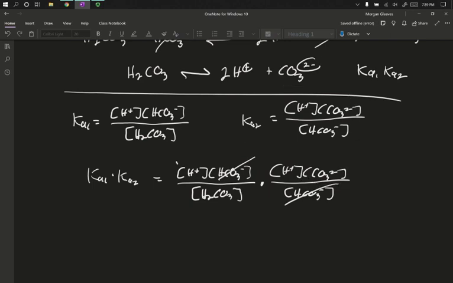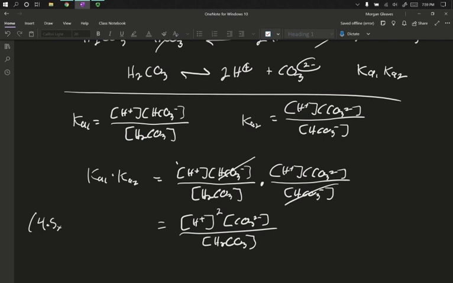So whether you think of this as adding two equations or multiplying the two equilibrium expressions, the net effect is that our H+ concentration squared times our carbonate concentration divided by our carbonic acid concentration must equal 4.5 times 10 to the minus 7 times 4.7 times 10 to the minus 11.